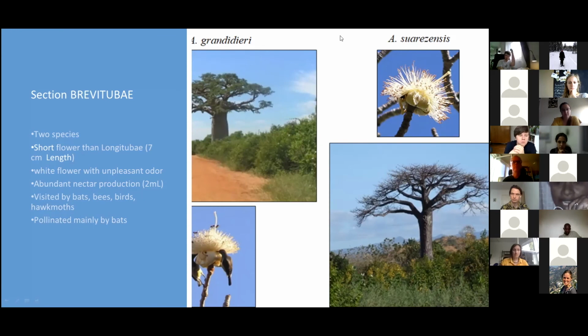The main characteristic of this section is that the species have shorter flowers than the Longitube section, and wet flowers, but in an upright position. Those species are mainly pollinated by bats and other mammals like lemurs.